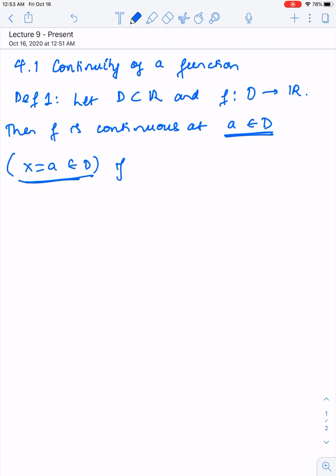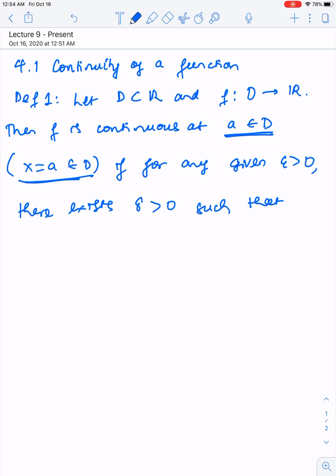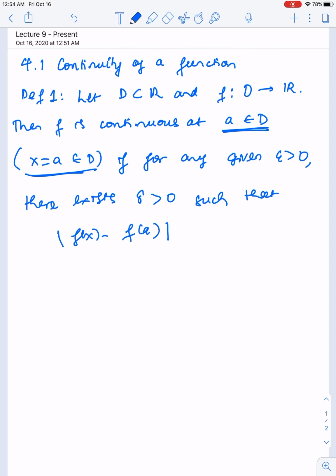If for any given positive number epsilon, there exists a number delta positive such that |f(x) - f(a)| is less than epsilon, provided that |x - a| is less than delta and x belongs to D.